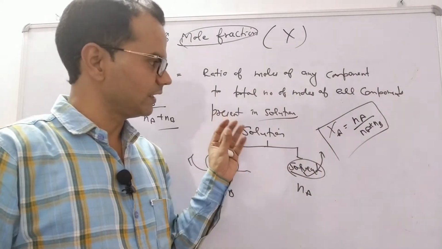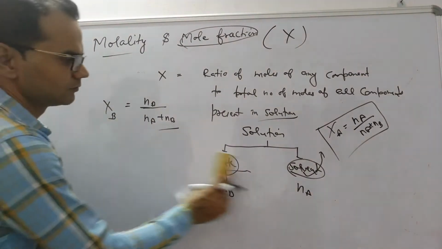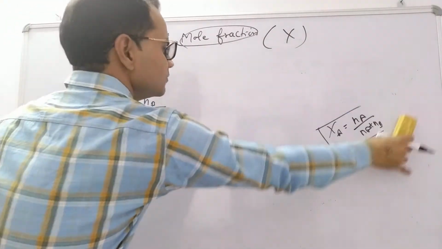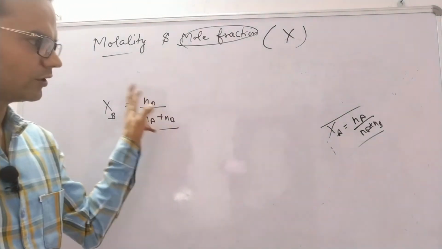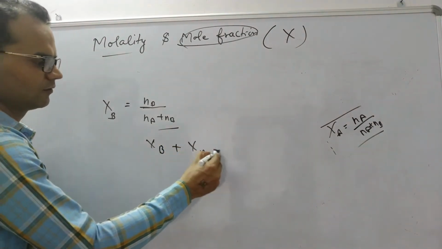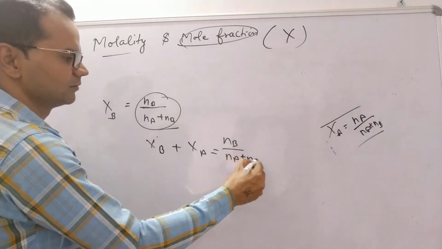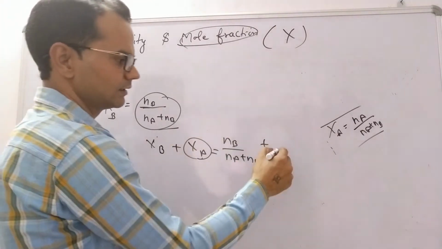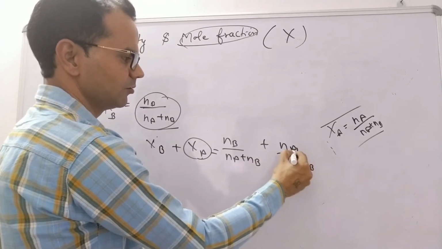If we add them, then what will we conclude? Let's add them first. This is XB and this is XA. I am going to add them. XB plus XA equal to, XB is NB by NA plus NB, plus XA, XA is NA by NA plus NB.